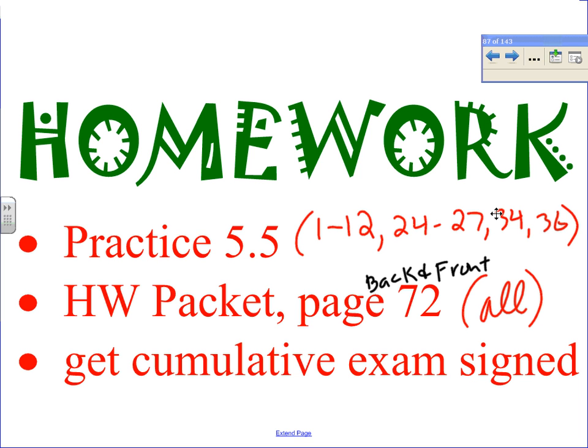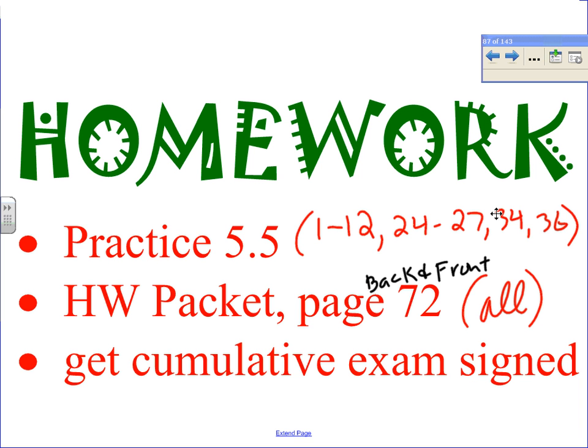It looks like this. This is good practice for your test, quiz, whatever we want to call it, on Thursday. So, I'll say that again. Practice 5.5, I want you to start with. This is all the keep, change, flip stuff. If you need loose leaf or a notebook, please use your common sense.